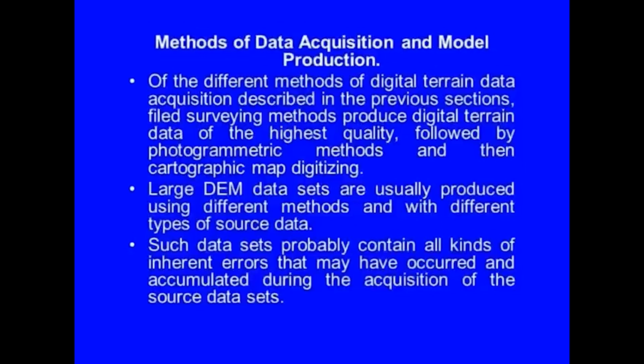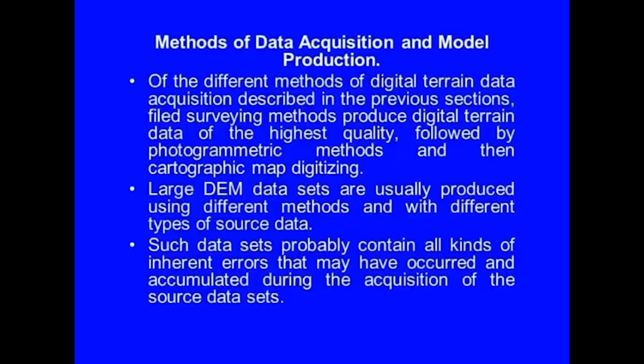Of the different methods of digital terrain data acquisition described in the previous sections, field surveying methods produce digital terrain data of the highest quality, followed by photogrammetric methods and then cartographic map digitization.